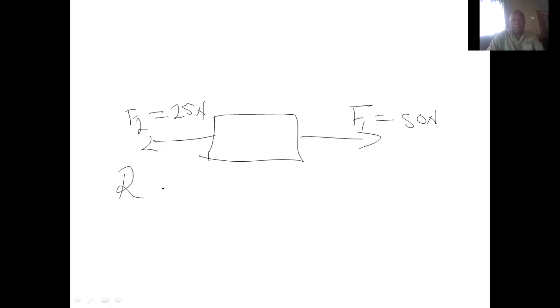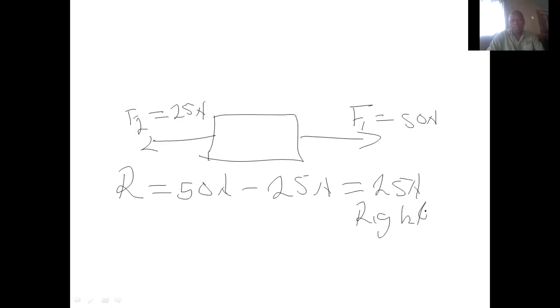This is straightforward. So our resultant will be actually 50 newtons minus 25 newtons, which gives us 25 newtons to the right. You notice that here we are giving direction.